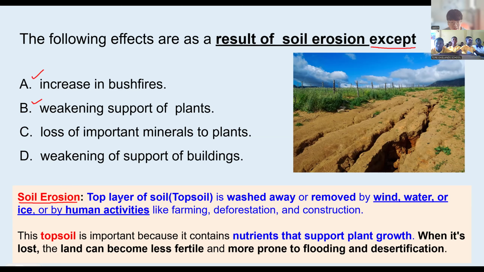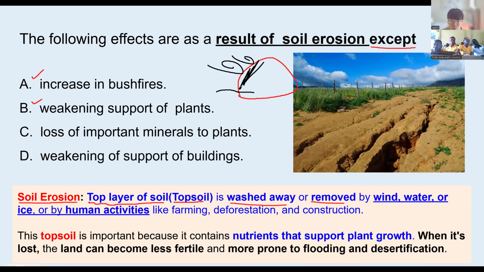Soil erosion is when the top layer of soil, called the topsoil, is washed away or removed by wind, water, or ice, or by human activities. So it can be naturally occurring. It's like when you have a big rock at first, then by wind and water, it erodes away.